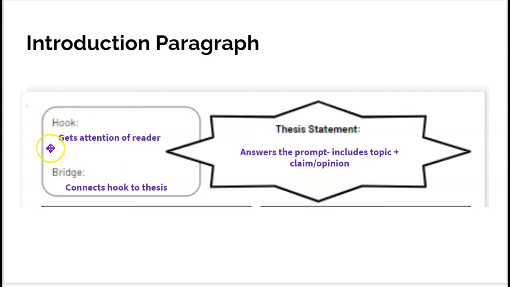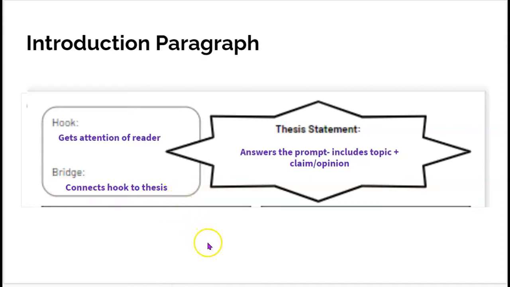And the job of the hook is to get the attention of the reader. That might be a question or a startling statement or a description or a list, but it is some creative way to get the attention of the reader, but it must connect with this bridge. It must connect to your thesis. So the bridge sentence connects your hook to your thesis.